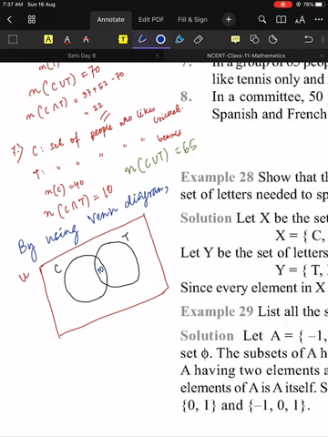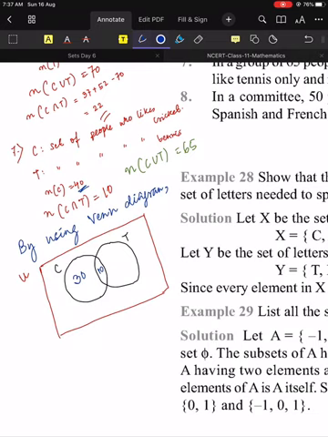Now people loving cricket is 40. This portion is 10, within the cricket set. So this portion will be 40 minus 10, which is 30, because 30 plus 10 makes 40, that makes NC 40, right? Understood? So this outer portion will be 30.